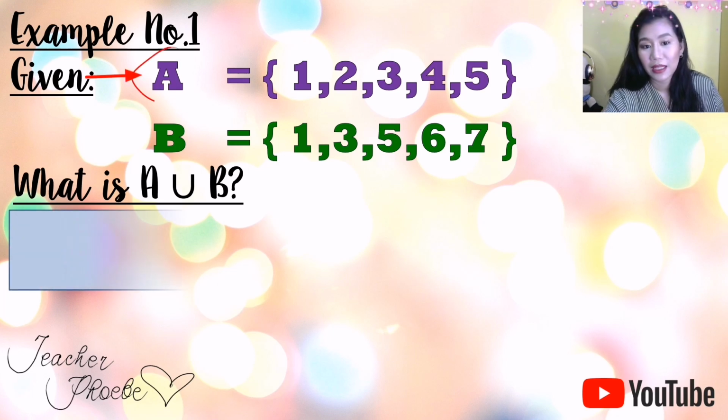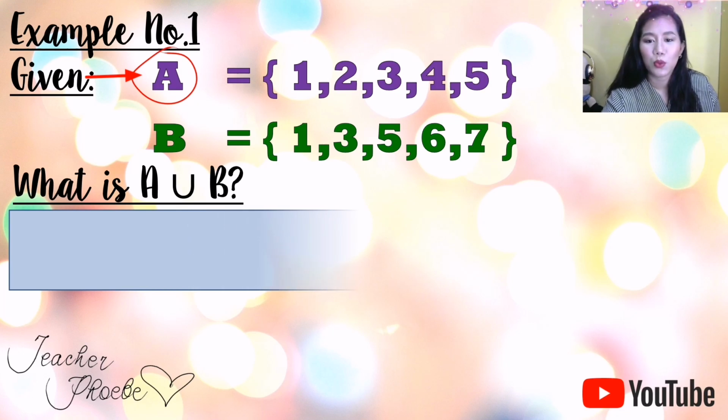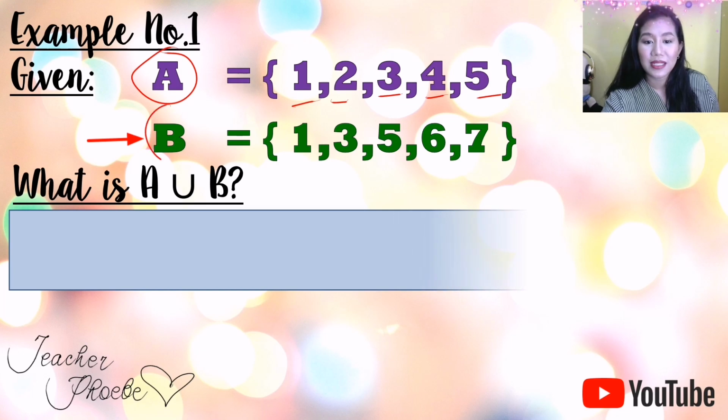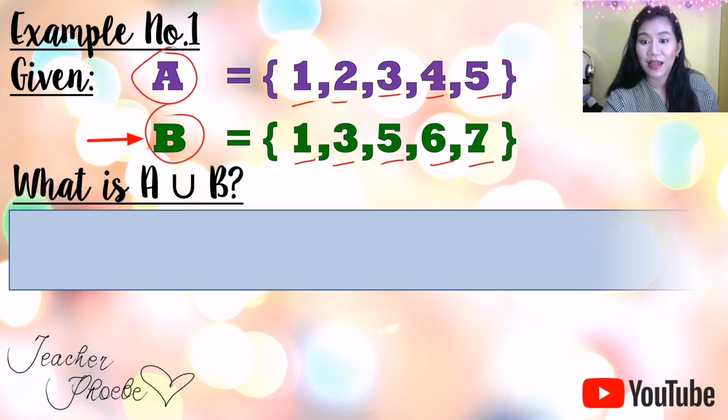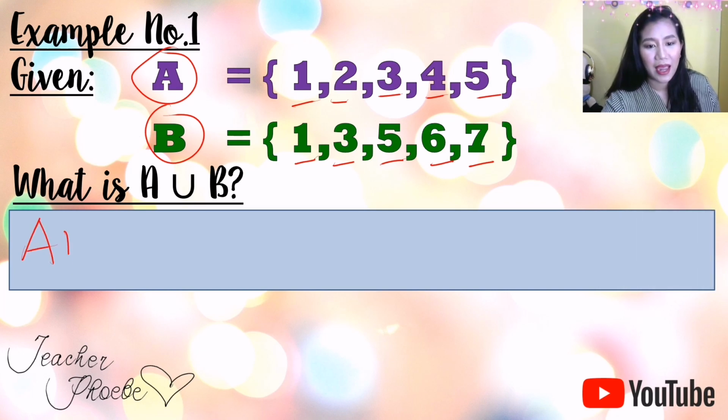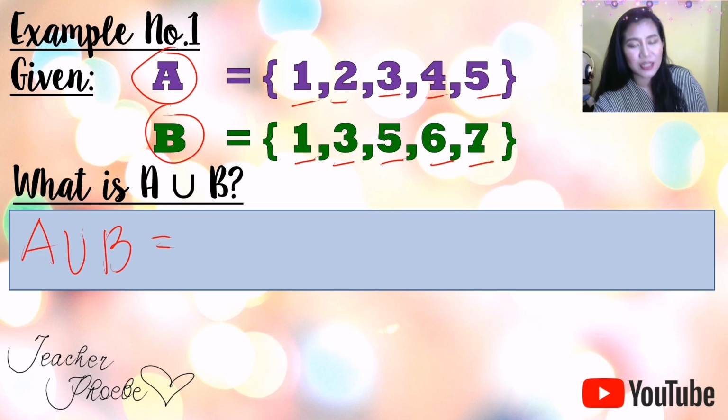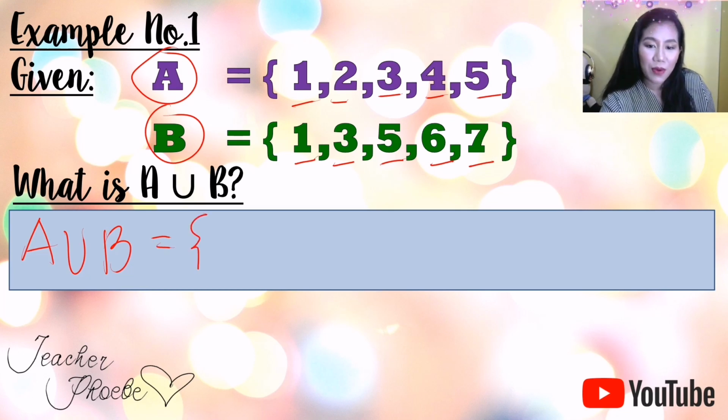So take a look at your A. Your set A has the elements 1, 2, 3, 4, 5. And your set B has the elements 1, 3, 5, 6, 7. So getting the union of A and B is just simply listing it down. Of course, do not forget your opening brace.